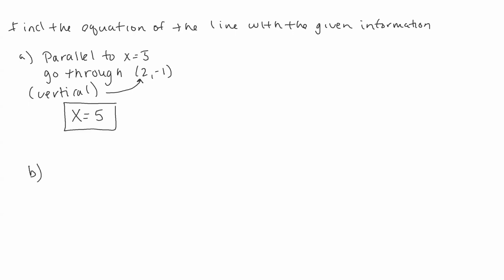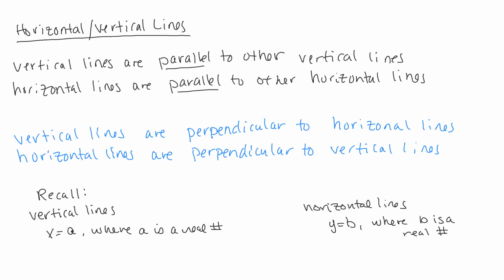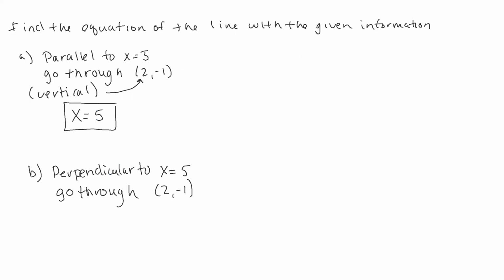Now, what if I changed it and I said I wanted to be perpendicular to x equals 5, and I still wanted to go through 2, -1? Well, if we go back a slide, vertical lines are perpendicular to horizontal lines. Okay, so we know this is vertical right here. Vertical lines have to have an x.